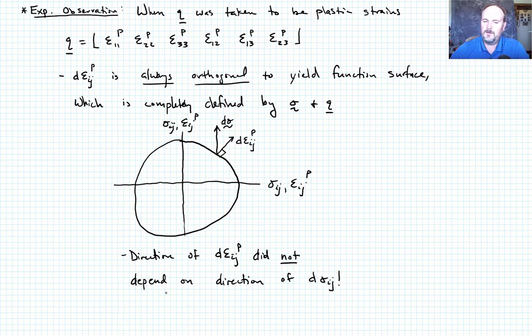The only thing we needed to know was whether d sigma ij indicated yielding.